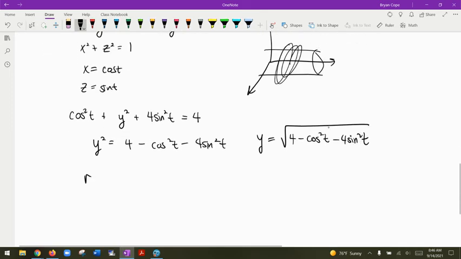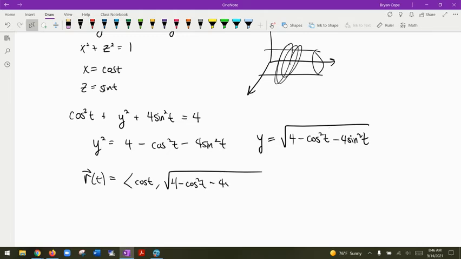So this curve would have vector equation cosine t, square root of 4 minus cosine squared t minus 4 sine squared t, and then sine t. Again, we could limit that between 0 and 2 pi if we wanted.